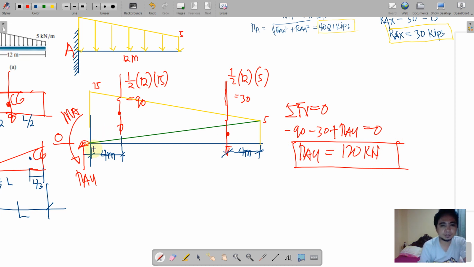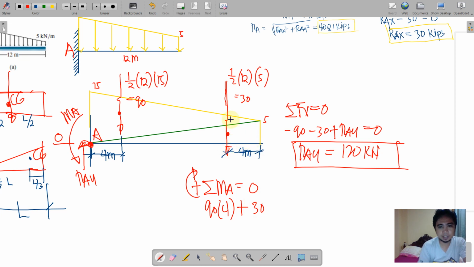And as for the moment, of course, we'll just have to take moments at point A in order to come up with the moment. So summation moments at A is equal to 0. So we have 90 and 30 would have a clockwise direction. So 90 times the moment arm from A, that is 4. Okay. And for 30, again, this is a clockwise rotation. So we indicate that by positive, that is 30.